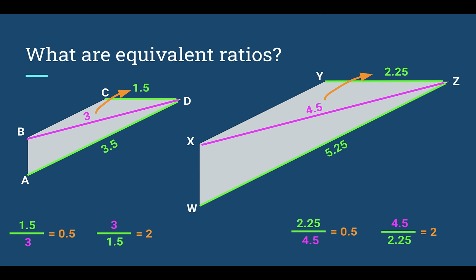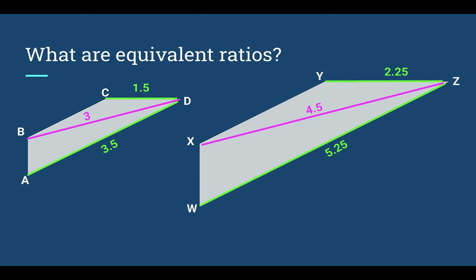No matter which distances I choose to compare, I should always have the same ratios between the two shapes. So if I compare 1.5 and 3.5, my ratio was 0.4285 and so on. Or if I reverse it, 3.5 to 1.5, my ratio is 2.3 repeating.